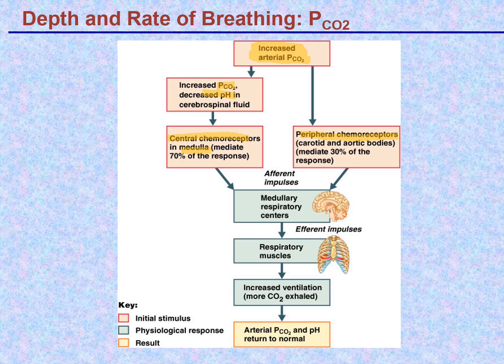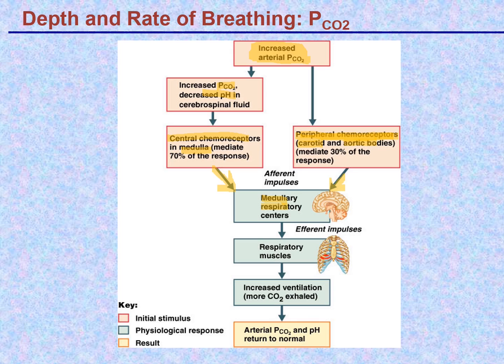Also, the increased arterial PCO2 will have an effect on the peripheral chemoreceptors, the carotid bodies and the aortic bodies, and that will also trigger a response. These bodies are sensory neurons that send signals back into the central nervous system. So this is right in the brain, and this is coming from outside, from the carotid and the aortic bodies.